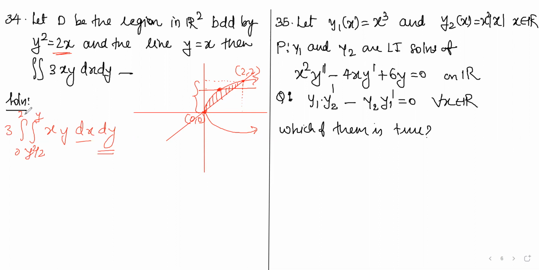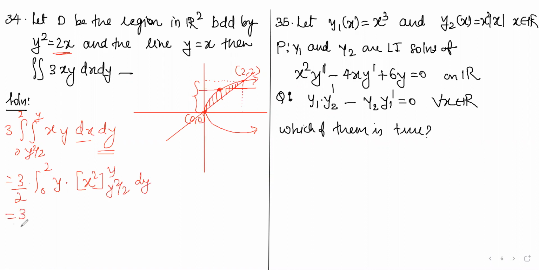So I just need to solve this integral. That will give me 3 outside, and then 0 to 2. Here I have y, because I'm integrating with respect to x. So y will be here and this x. Integration of x is x square over 2, from y square by 2 to y, dy.